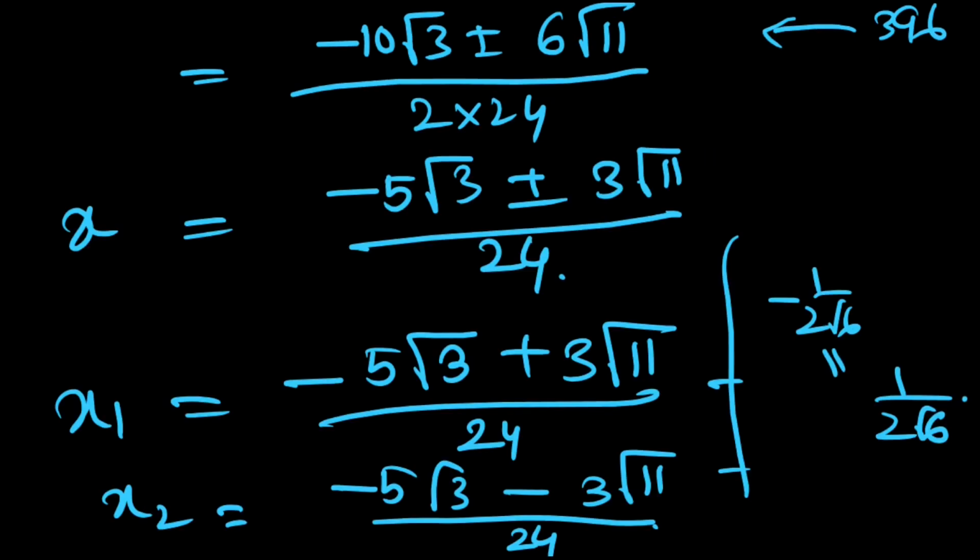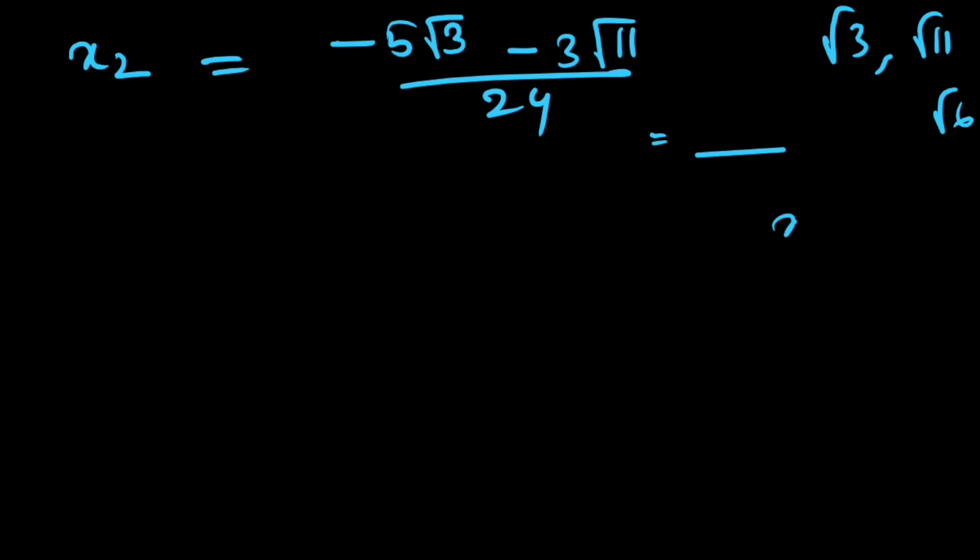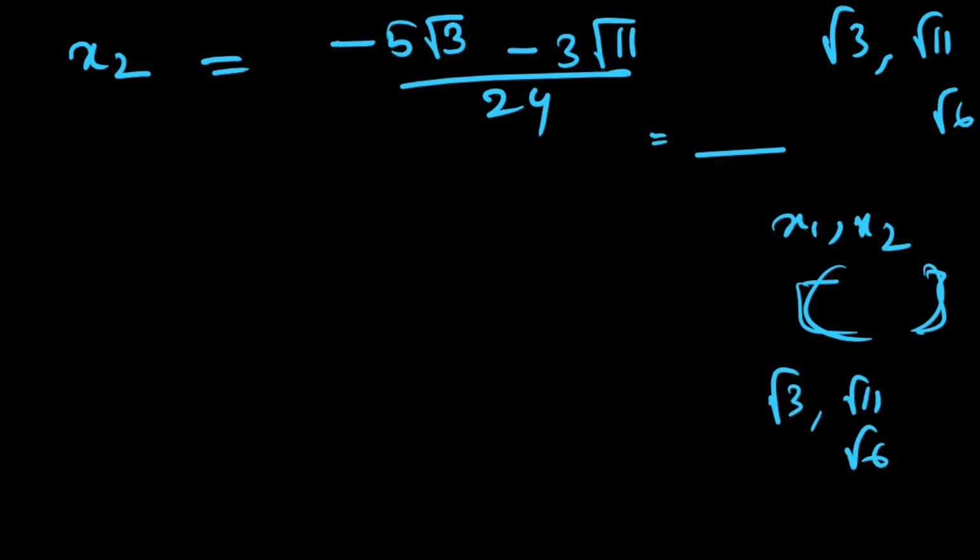Then we conclude whether these values x1 and x2 are in the given interval or not. So this process is lengthy, calculative and time taking. If we put the values of root 3, root 11 and root 6, it will take more time and we can make mistakes also. So we approach another method.